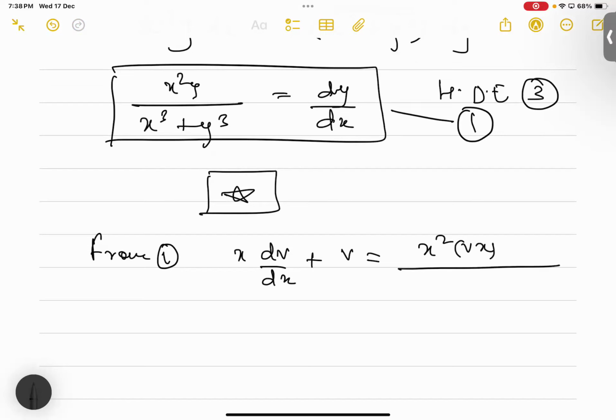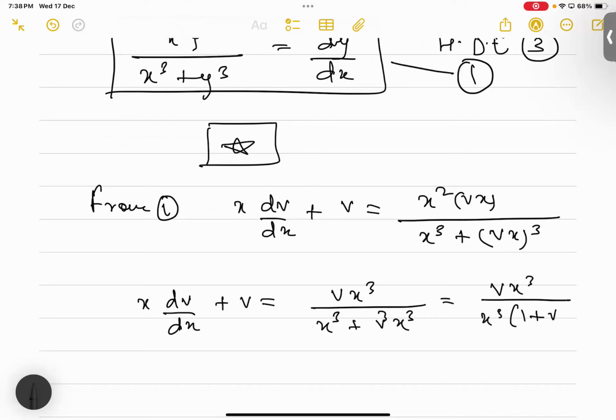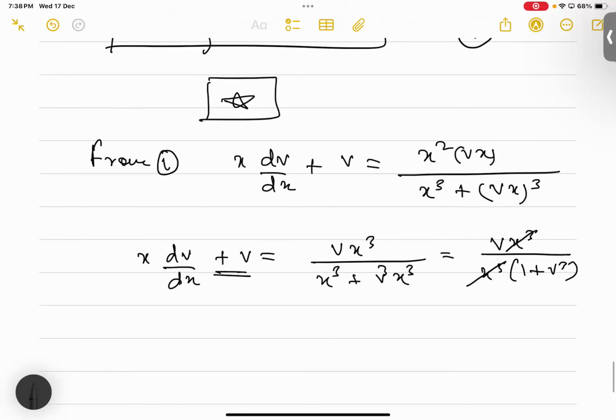What I'm doing on the right hand side, can someone explain? y is equal to vx. Will something get cancelled? Correct. Now take this plus v on the right hand side: x dv by dx minus v.